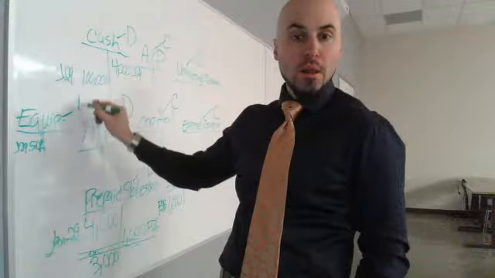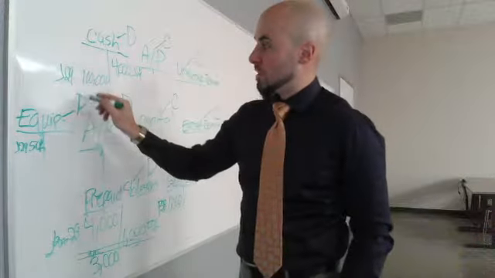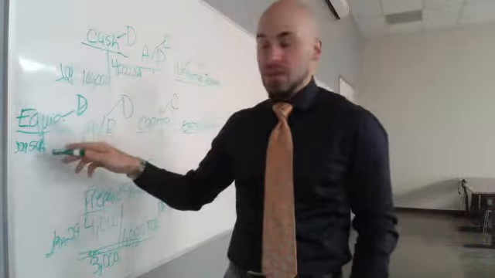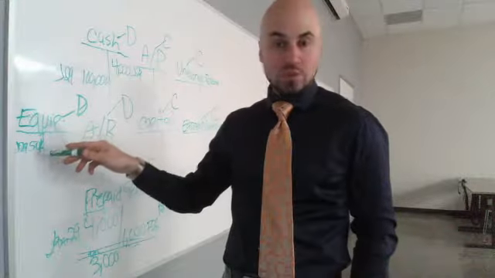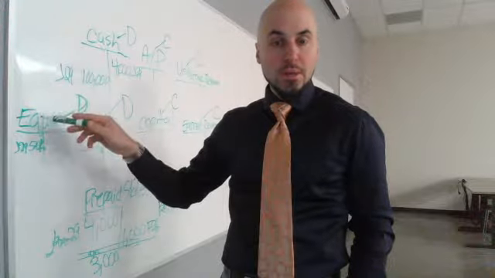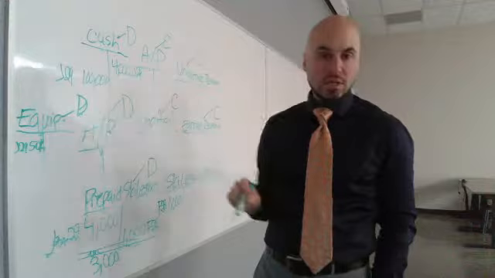Natural debit. January 29th, $50,000 of equipment is also invested in the business. It goes on the left side because it's increasing. Debit's on the left. You want to increase the natural debit.